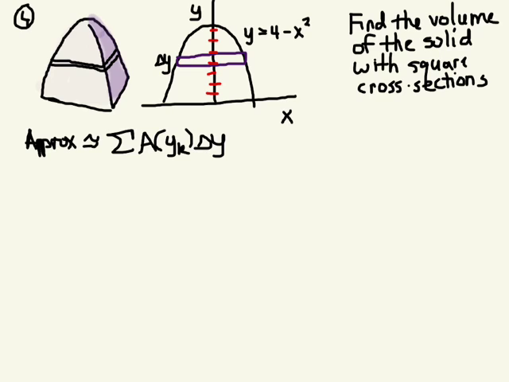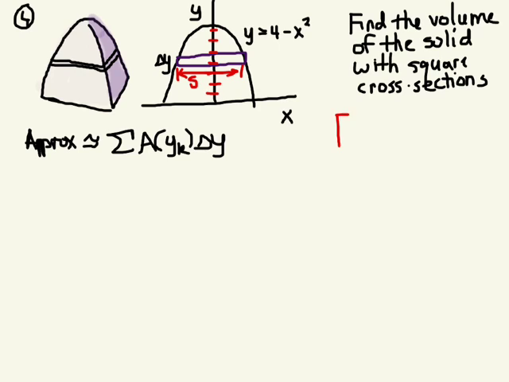And so what we really want to do is find out, well, how do we calculate that area as a function of y? So here's where we use the idea that it's a square cross-section. Because we have a square cross-section, the distance between these edges, let's call that the side.